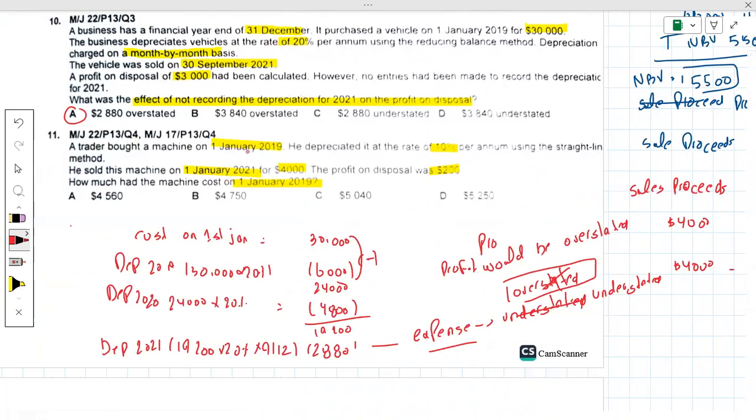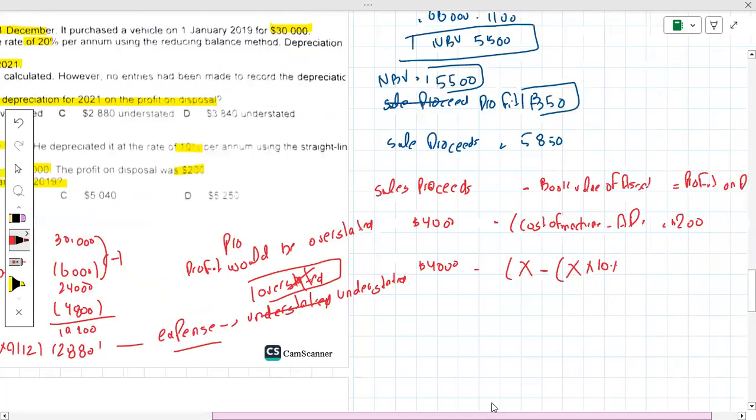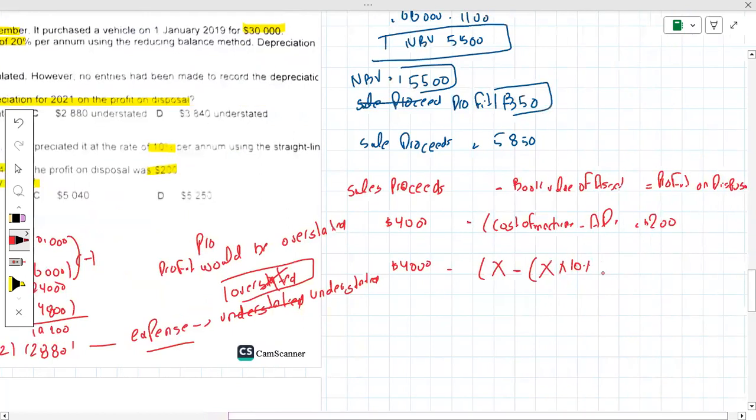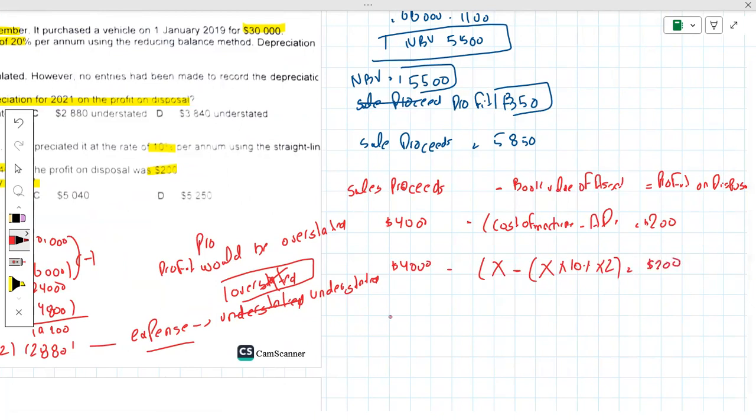We purchased the machine in 2019 and we sold the machine in 2021. So 2019 to 2020, this is 1 year's depreciation, and 2020 to 2021, this is 2 years' depreciation. So that is why we have to write 2 multiply 2 here, is equal to $200.